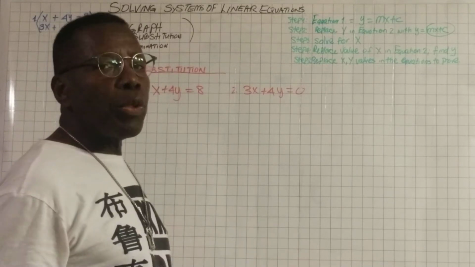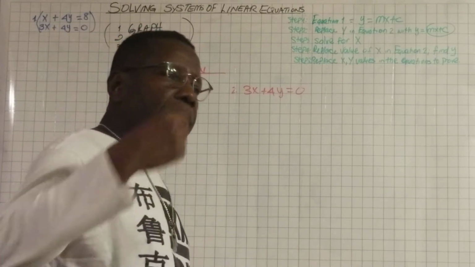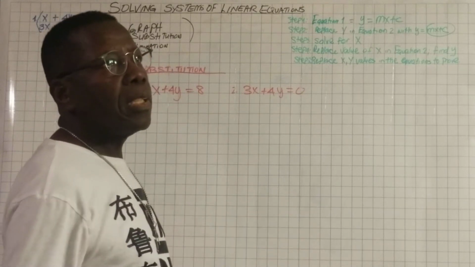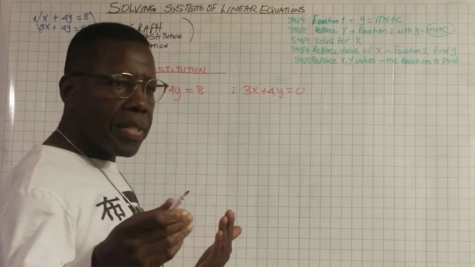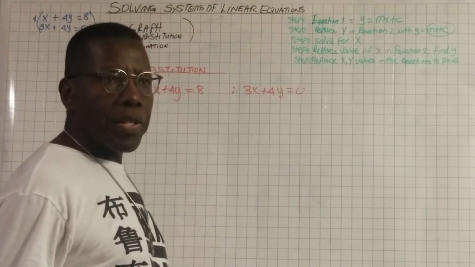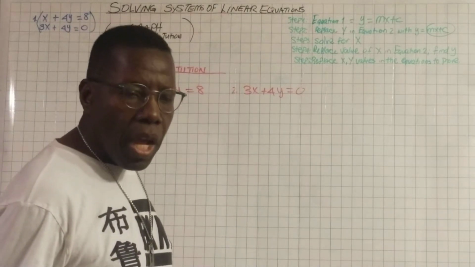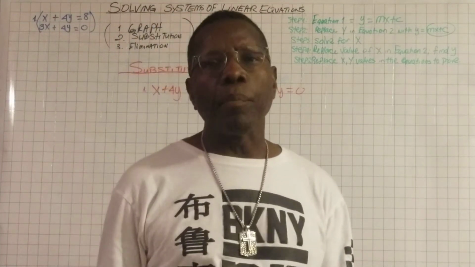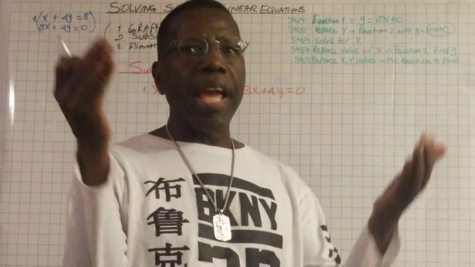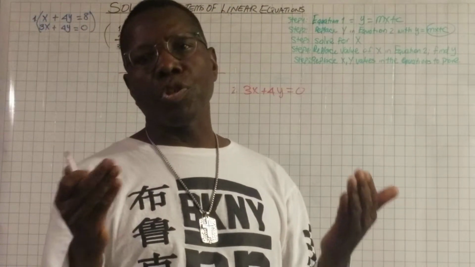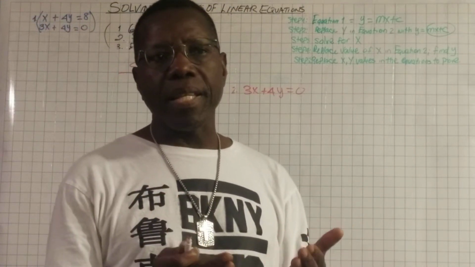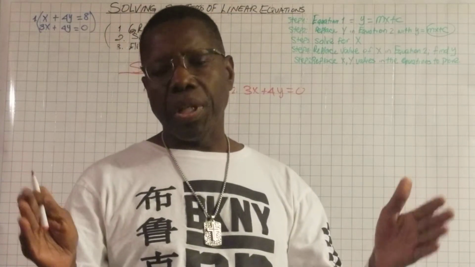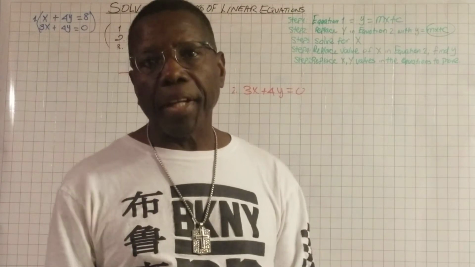Once you get x, you place the value of x into the second equation again, and it'll help you find y. So now you're going to know x and y values as the solution to the equation. And once you have that, you need to take those values and put them back into any of the two equations that you started with and see if one side of the equation is equal to the other side of the equation. So then you know your answer is correct.